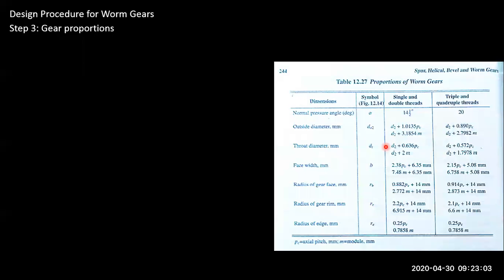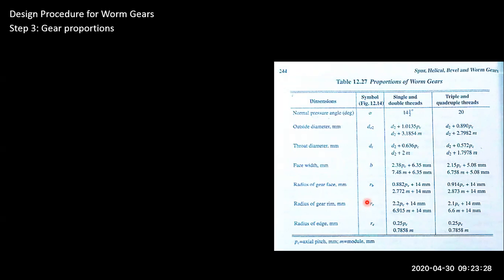And step 3 is the proportions of worm gear. These are dimensions depending on a variety of factors, mostly on the module. But you can note here that there is no D2.